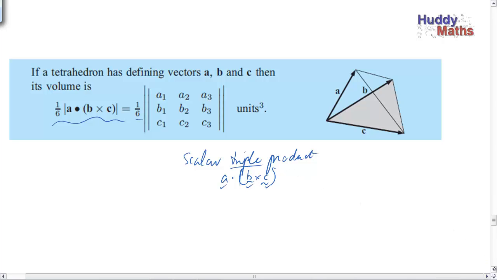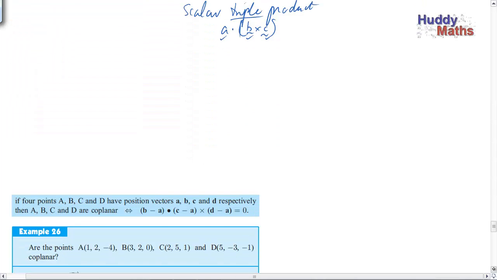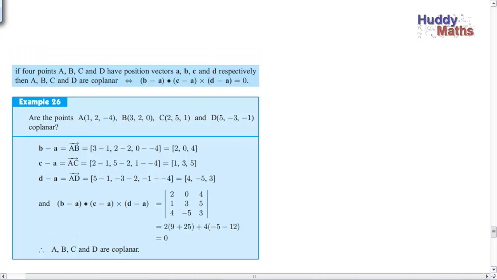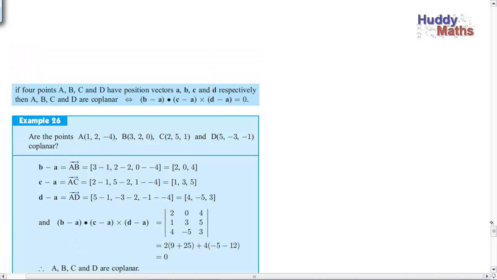All right, so down here, let's have a look at the book way of doing it. I'm not a real supporter of this because if you're asked to show that points are coplanar, I think you really have to establish this, whereas the book just uses it as a routine thing.